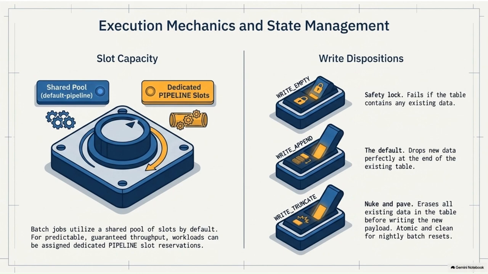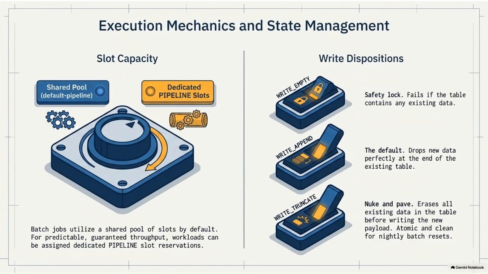You can use that slot and load that data. There is no guaranteed throughput, but it still works. Industry is using this worldwide. There is very little chance that it fails because of not getting slots, so the default shared pool also works well. There is a way to get dedicated pipeline slots also if you want predictable throughput.